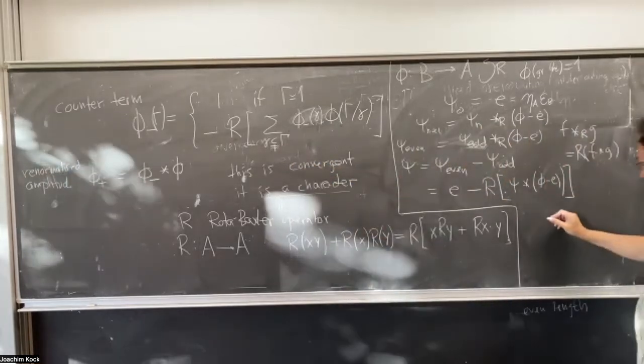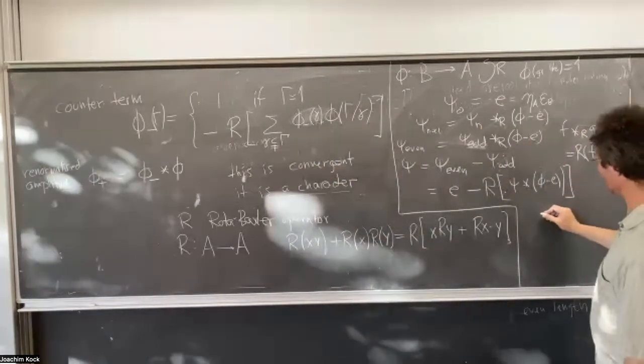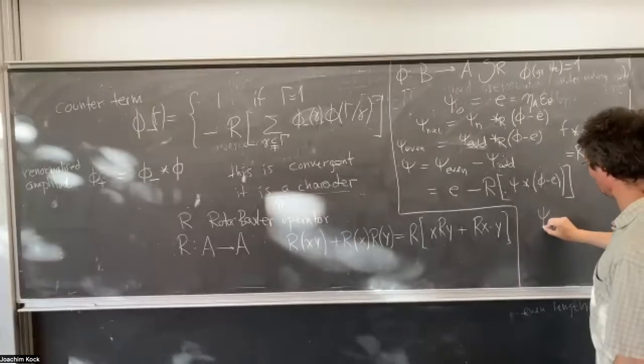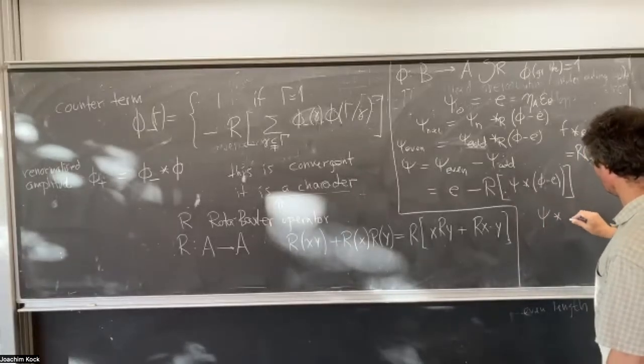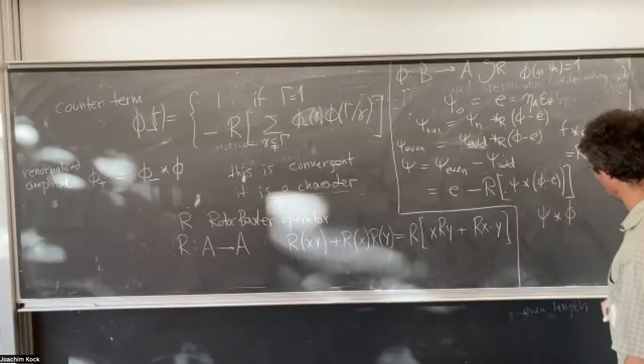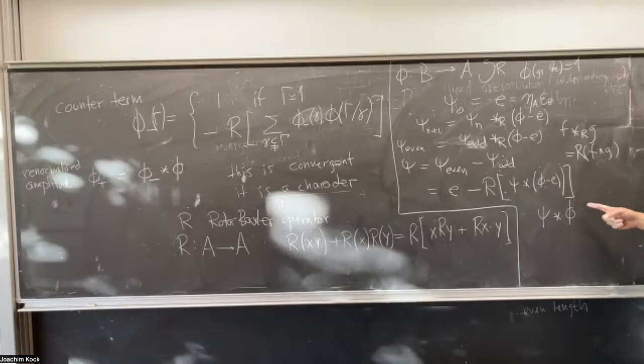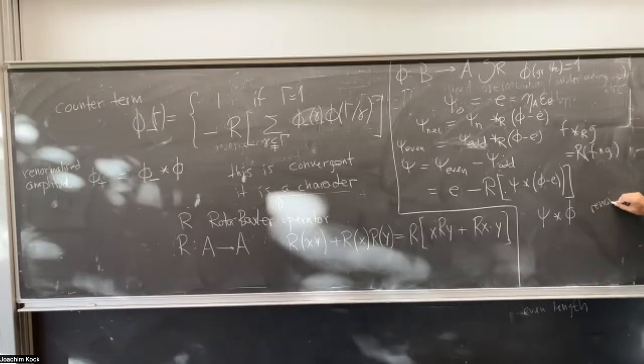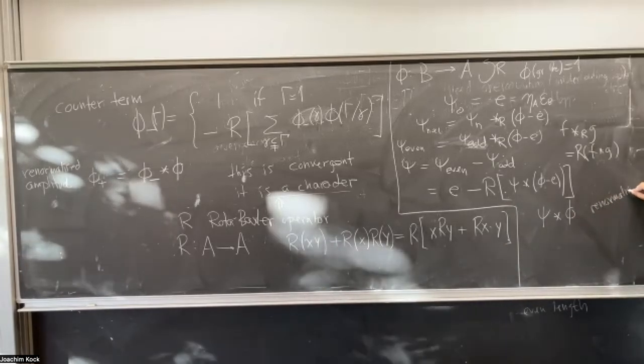And then finally, you want to take this one and convolve with this. It's no longer an inverse, but this is what should be called the renormalized character.